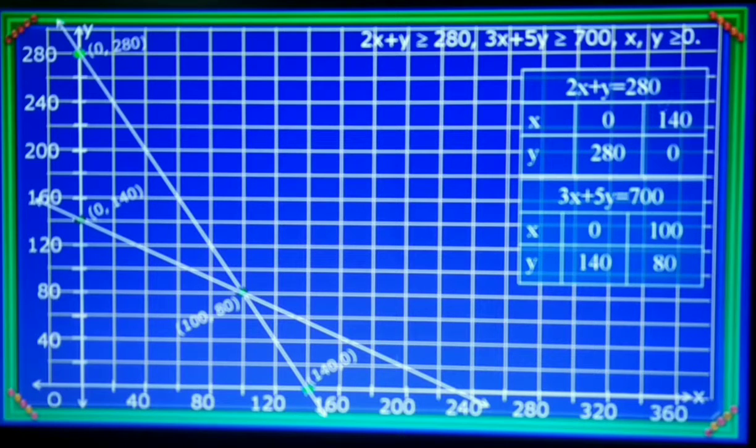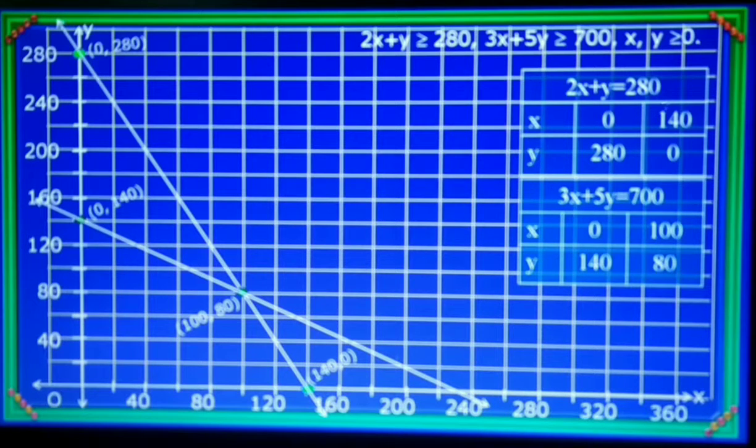Now we have to find the common region. Take x is equal to 0 and y is equal to 0. Inequality 2x plus y is greater than or equal to 280 gives 0 is greater than or equal to 280. This is not true. Therefore, origin is not the solution of that inequality.